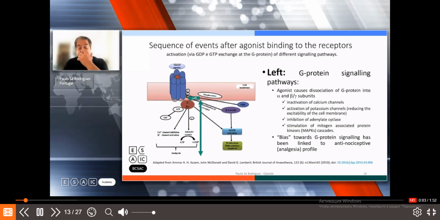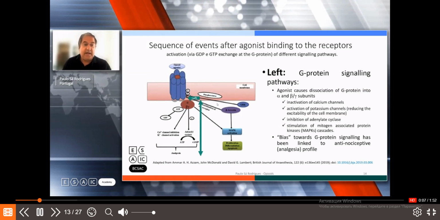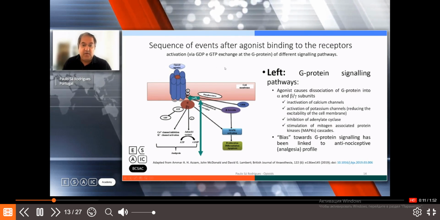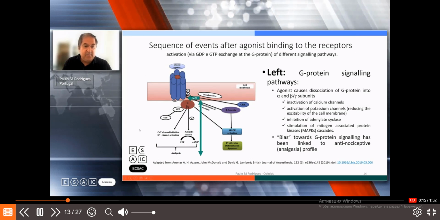So what happens when an opioid, an agonist, binds to the receptors? Let's see in this image, the left side of the image, this one.